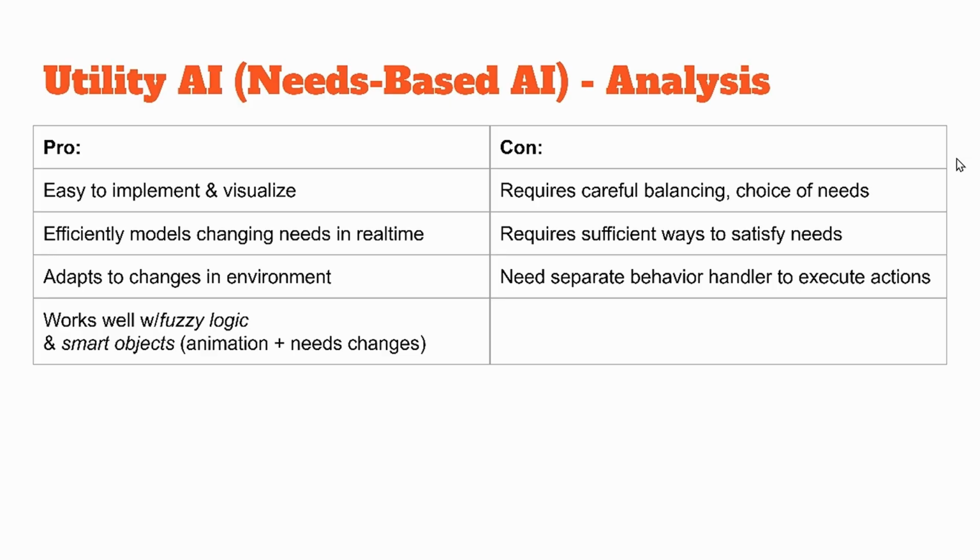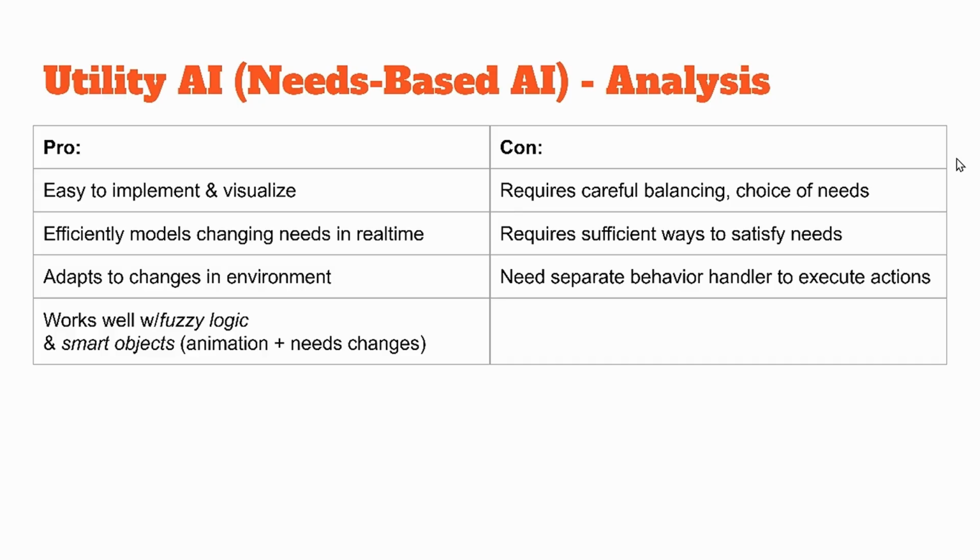I'll get to this bottom pro in just a second, but the cons are it does require a careful balance, and your game area needs sufficient ways to satisfy. If there was nothing to satisfy hygiene, the sim would be very sad because they'd have no way to address that need. And this is a decision technique for AI. It does need a separate behavior handler to act on that decision.